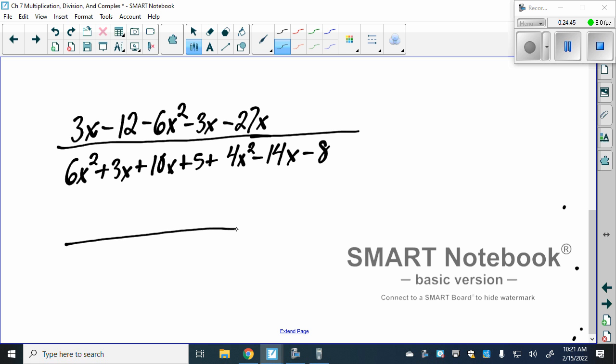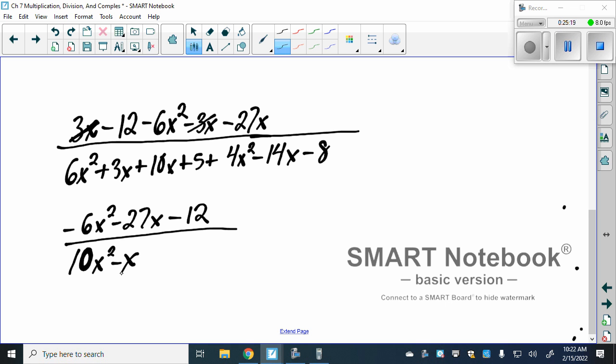So the numerator would have negative 6x squared. These would cancel, yes, minus 27x. So 10x squared minus x, because 3x plus 10x would be 13x, minus 14x, negative 1.